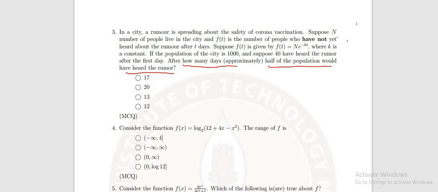But at the same time, if 500 people do not know, it means that 500 people would be knowing about the vaccination. When? After the 17 days. So in the question it was asked, after how many days half of the population would have heard the rumor? So it is 17 days. So option A is correct.